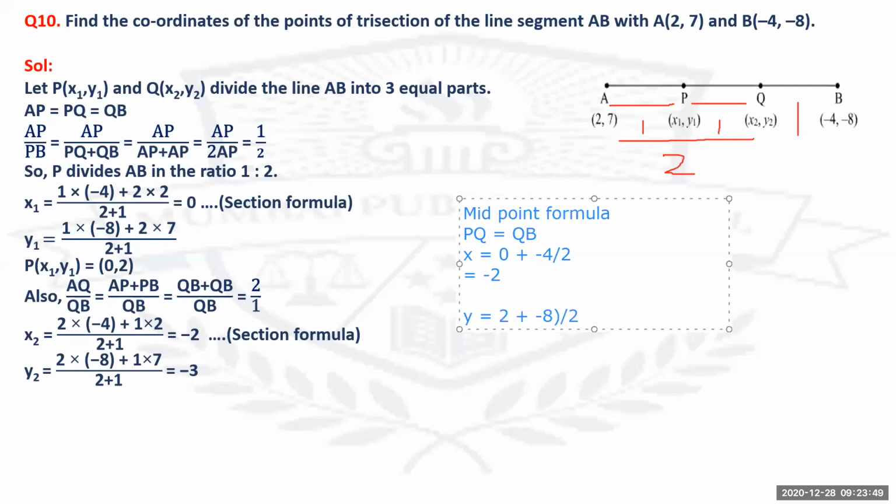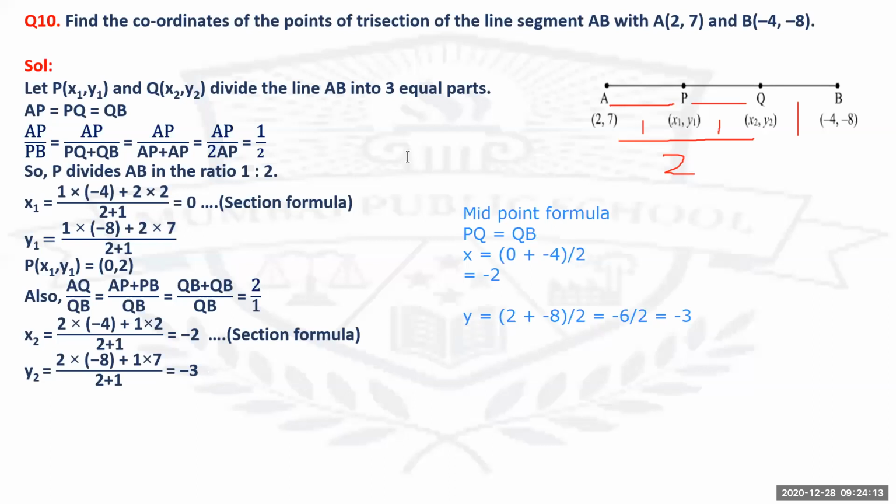So 2 plus -8 will give you what? Here you have to put bracket, otherwise you'll get confused. So 2 plus -8, that is -6 upon 2. So -6 upon 2 will give you -3.